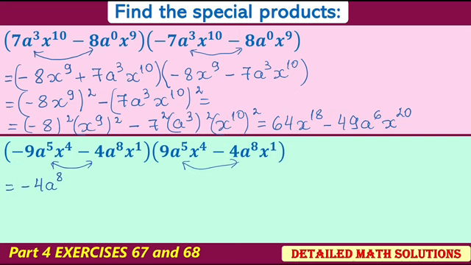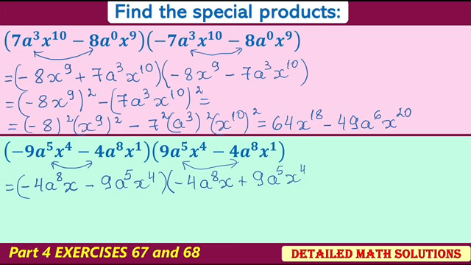Therefore, x to the power of 1 will be x. Minus 9a to the 5th power x to the 4th power in parentheses multiplied by minus 4a to the 8th power x plus 9a to the 5th power x to the 4th power.